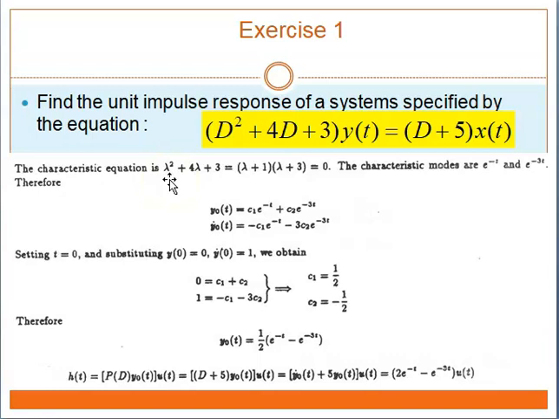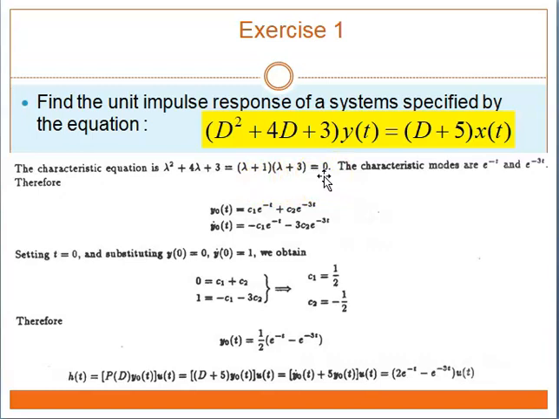So that is the first step. So you have D squared plus 4D plus 3, that is equal to lambda squared plus 4 lambda plus 3. Next, you have to factorize this, and you will have (lambda plus 1)(lambda plus 3) equal to 0. So that is the zero input response.